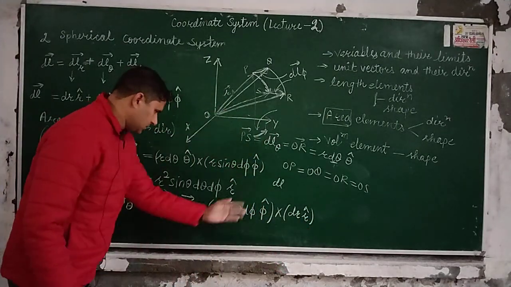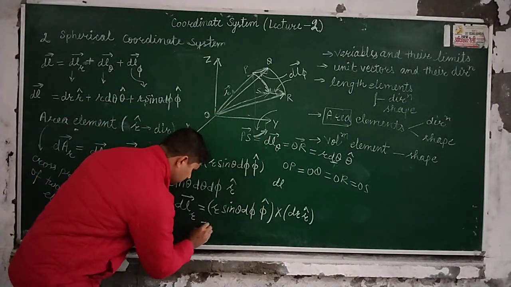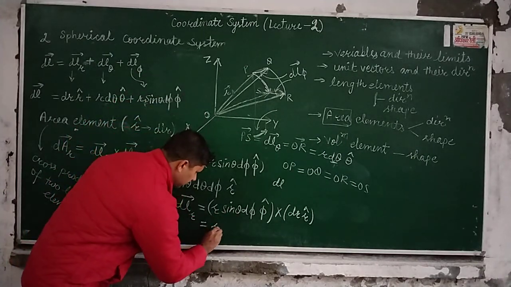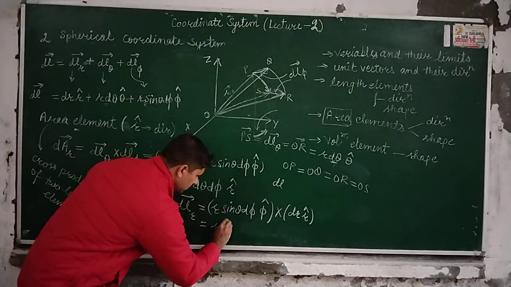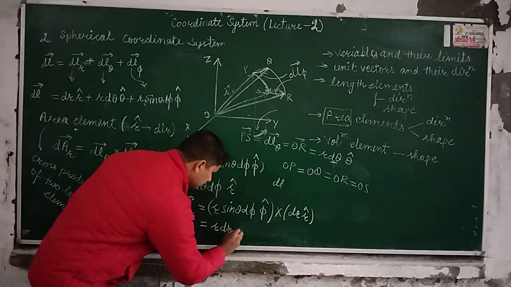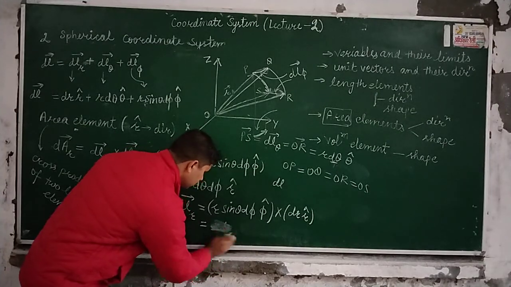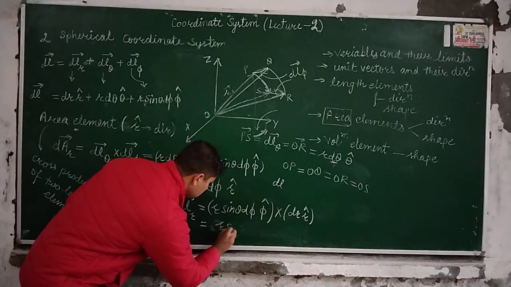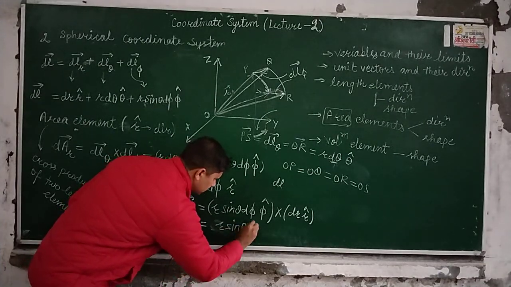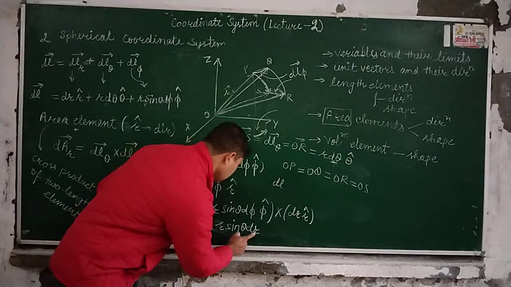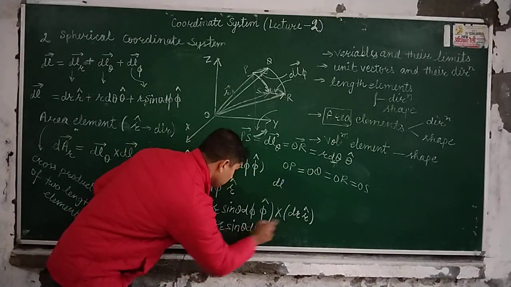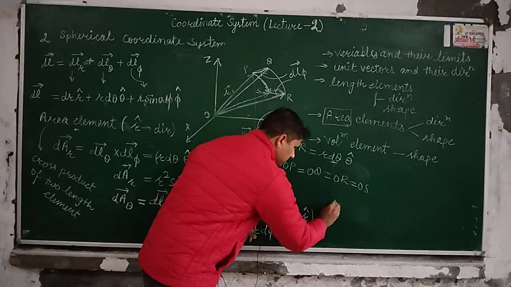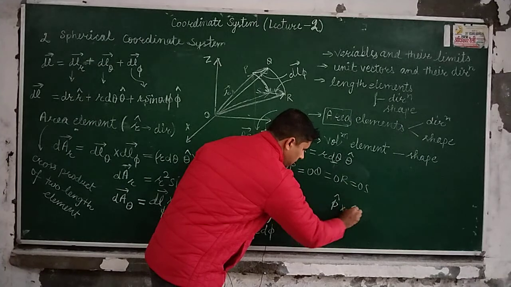If we solve it, we take the magnitude of components, it will be r into dr into sine theta into d phi, and then you will get phi cap cross r cap.